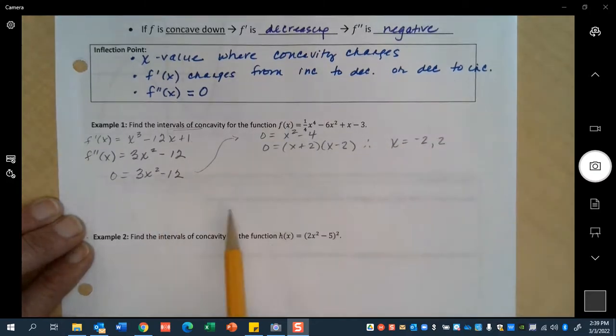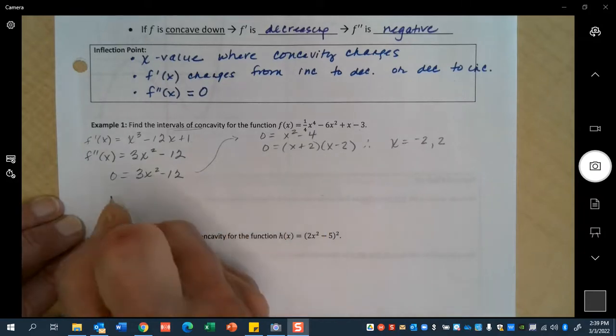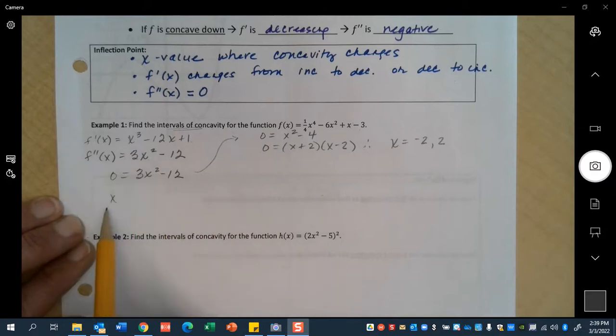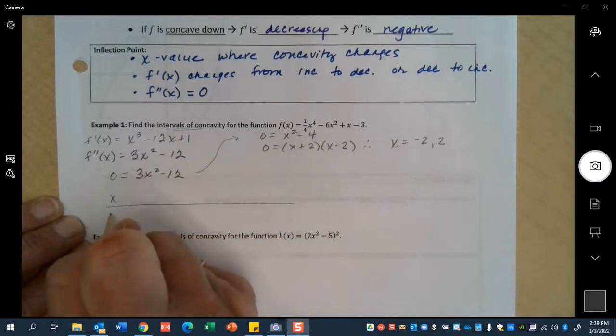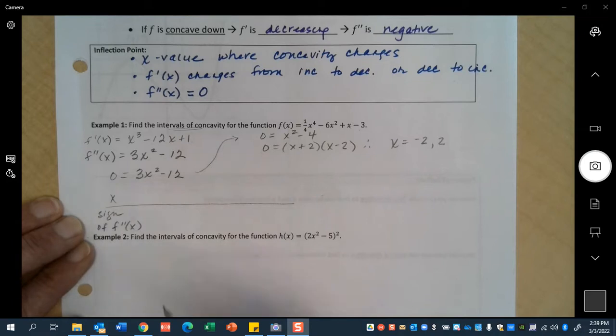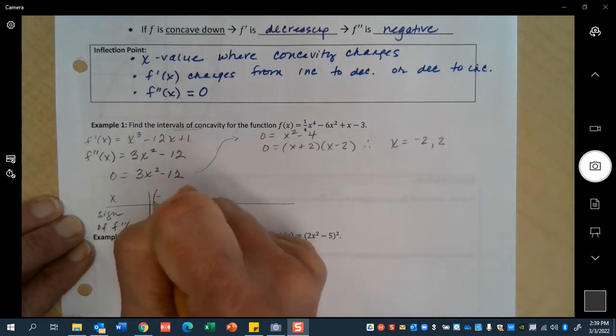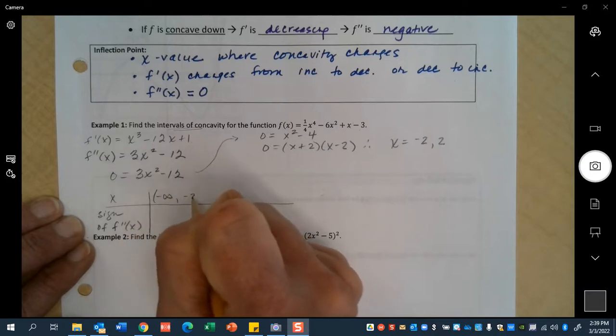If you're curious why I left this room down here, it's because I want to then make a chart. I want to compare my x value, and I want to take a look at the sign of my f double prime of x. And I'm going to look at each of the intervals from -infinity up to -2.